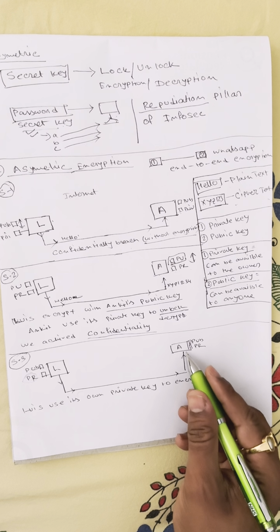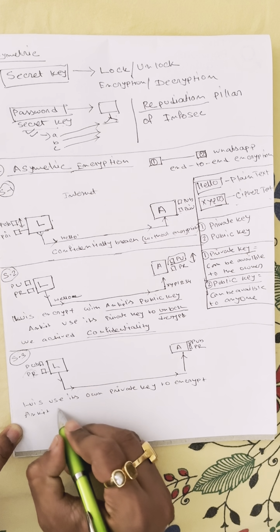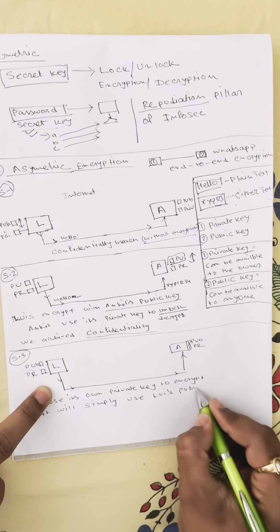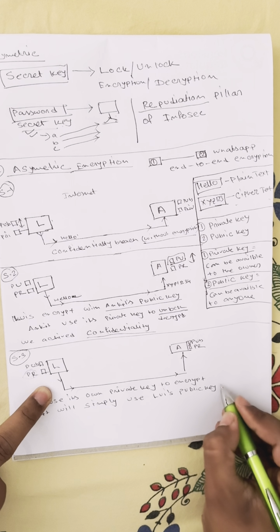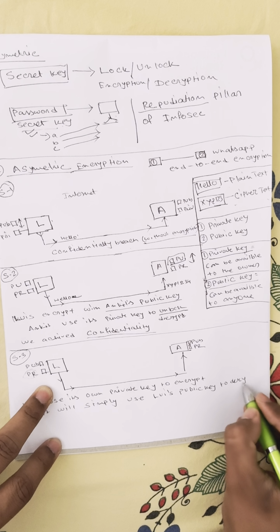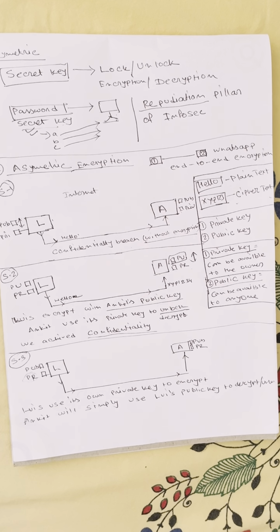Now Ankit will simply use Louis's public key to decrypt. Unlock. Okay.